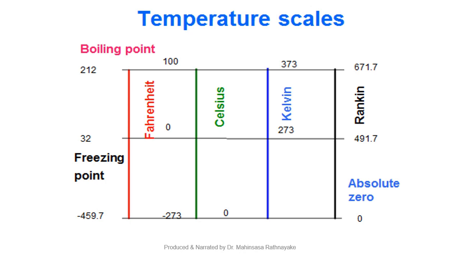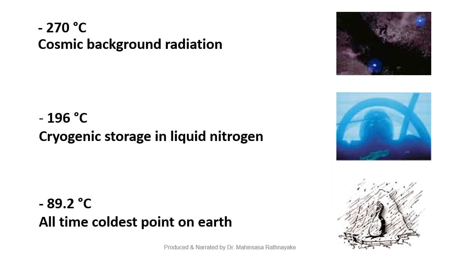We know that in our practical life and scientific applications, temperature varies. The range of temperatures available in this world starts from nearly absolute zero to thousands of degrees Celsius. For example, we can start from the lowest temperature, something like cosmic background radiation, that is around minus 270 degrees Celsius.